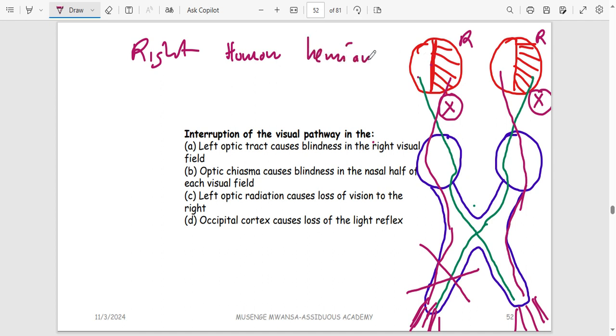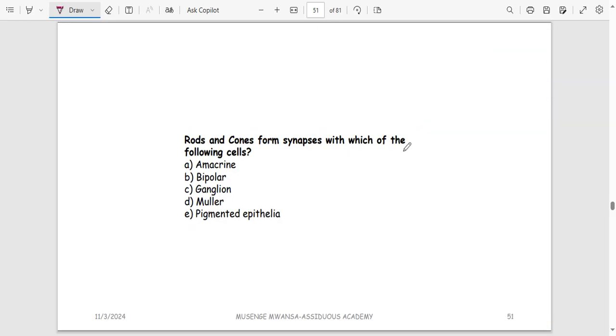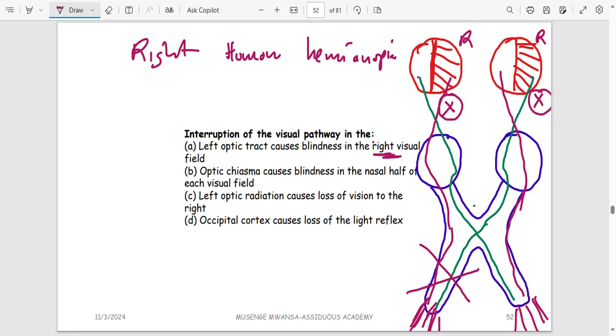We are not seeing anopia. Anyway, I was just trying to think about just being right visual field, because just the word right alone itself. Yes, yes, for the optic radiation.